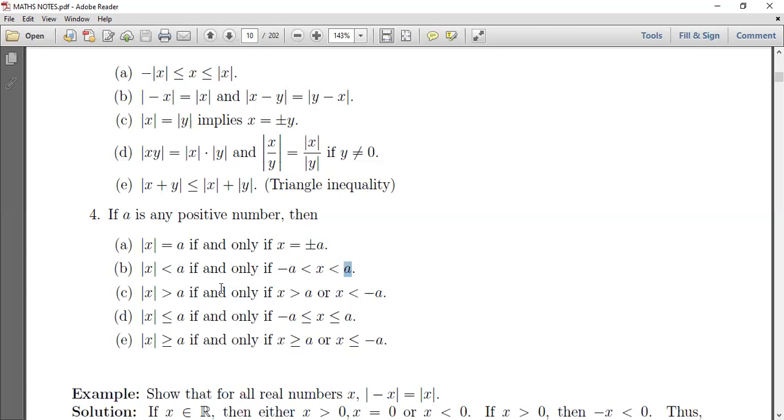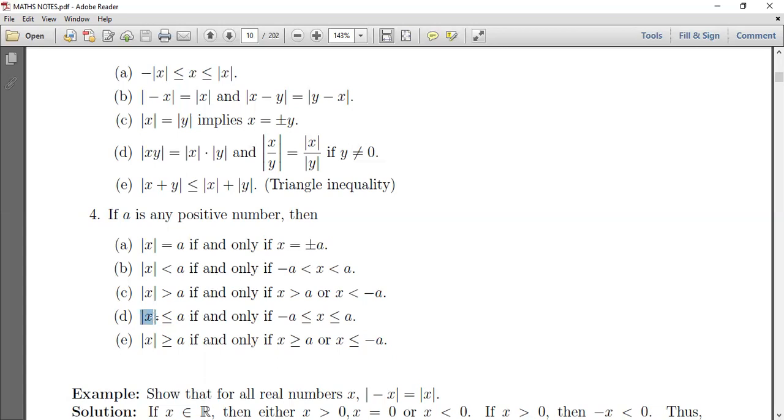If absolute of x is greater than a, it means x is greater than a or x is less than minus a. For example, if modulus of x is greater than 7, then it means that x is bigger than 7, or it can be a negative version of that.